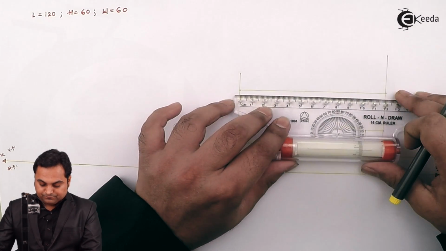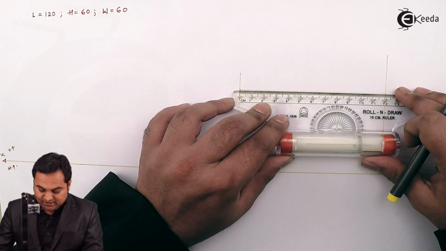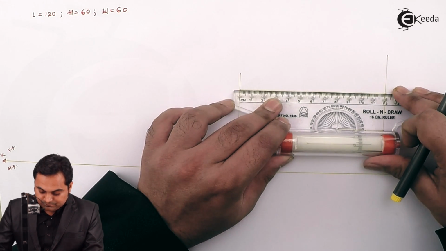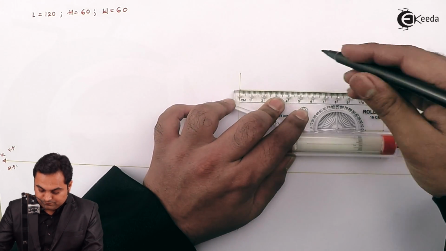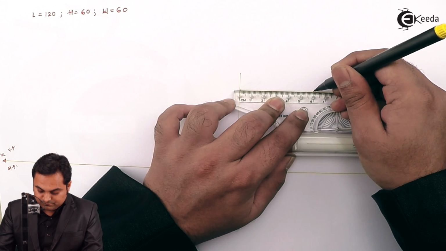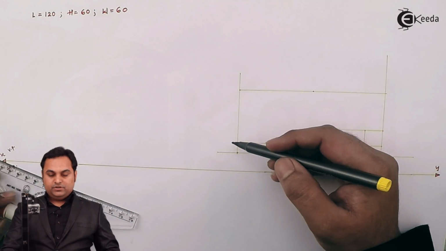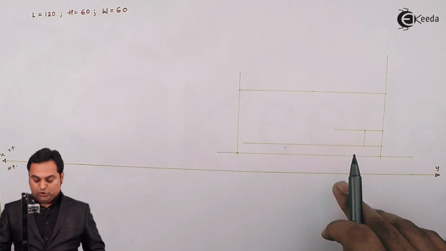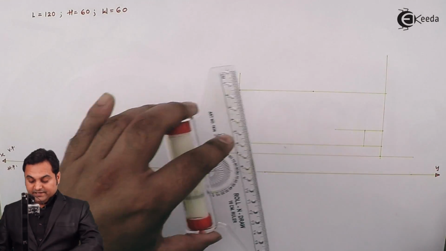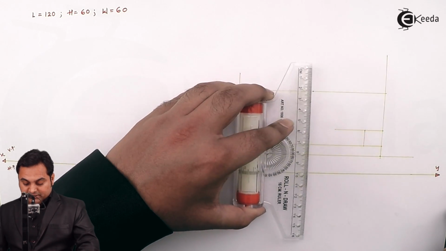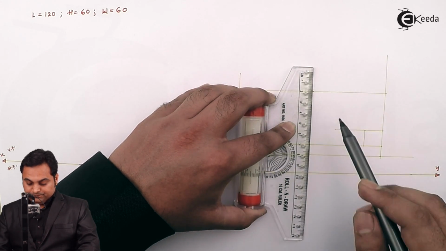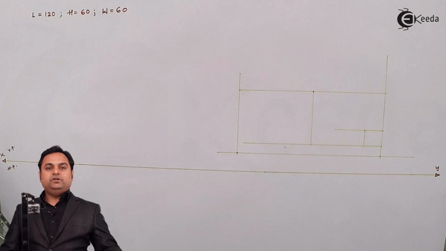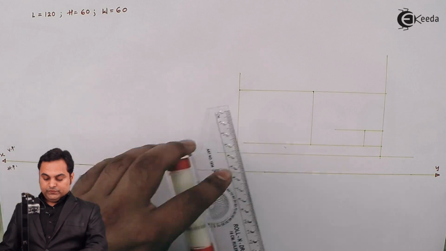So I'll measure 60 mm. Here this 60 mm height indicates the cylinder and it is kept on a block of 10 mm height. So drawing a vertical line through this point, this is the cylinder looking like a rectangle from the front view.